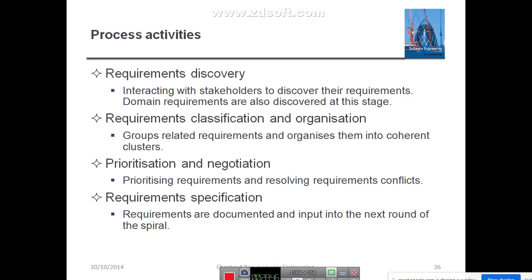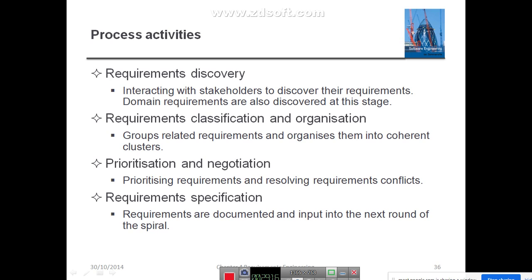Those will be documented and passed as the input for the next round, or the next phase, in the requirement engineering process. I hope it is clear, guys. These are the main 4 process activities in the requirement elicitation. Just in brief we have seen the work of all these.